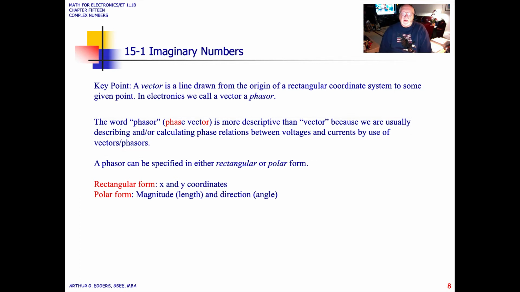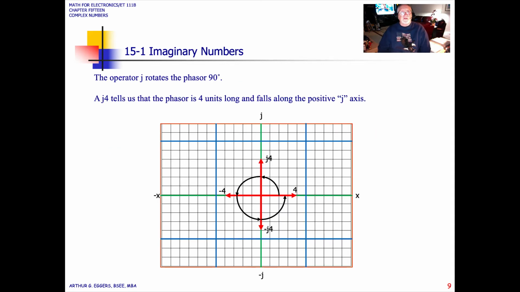But you're going to see that they relate as you move through your studies in engineering technology. A phasor then can be specified as either rectangular or polar. Either one of those are working systems to help us use vectors and phasors.